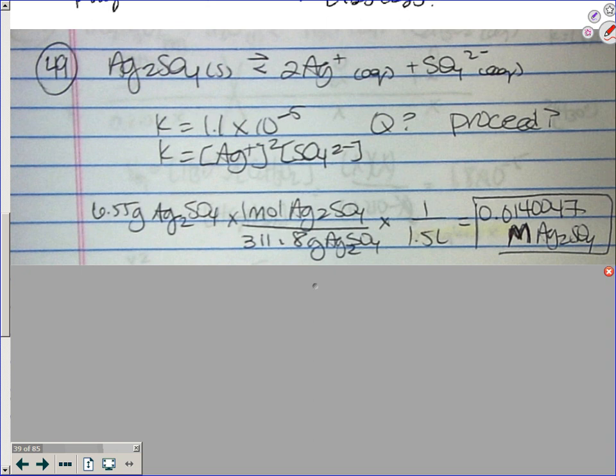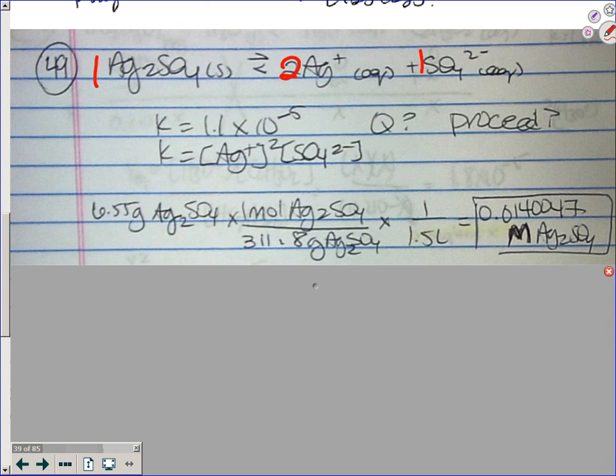What's weird is that truly that solid is not dissolving in aqueous form, not very much anyway. So what you have to see is that this is like a theoretical molarity of sulfate, and I wanted to see what you could do before I taught you KSPs. But that's technically like how much of this should be dissolving. But what you'll notice is that this dissolves in a what ratio with the ions? 1 to 2 with silver, but 1 to 1 with sulfate.